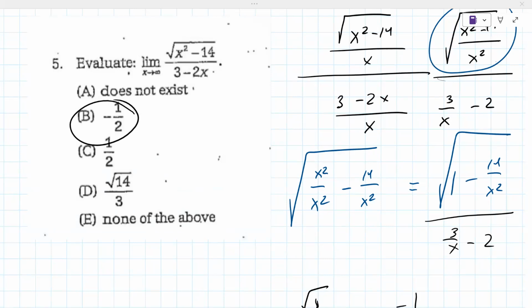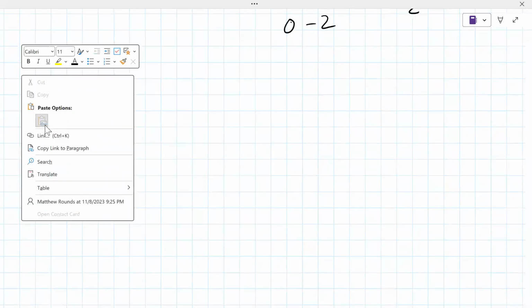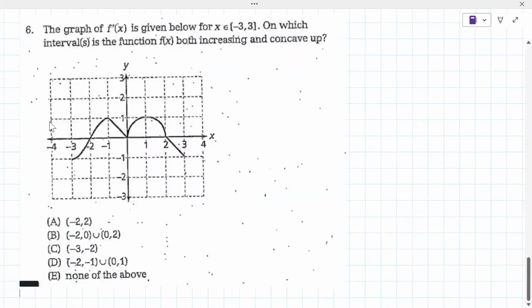Next question here is giving you the second derivative. Okay.